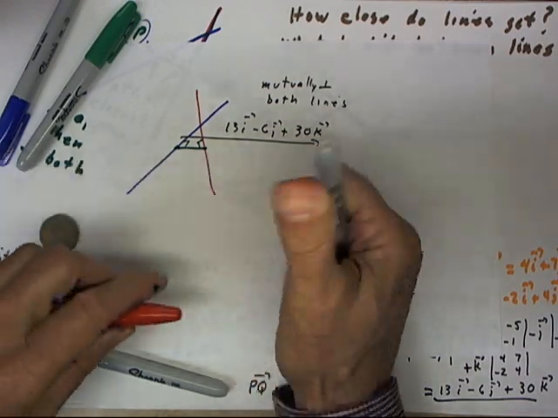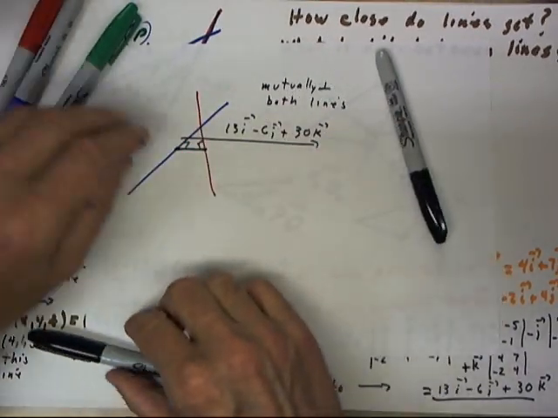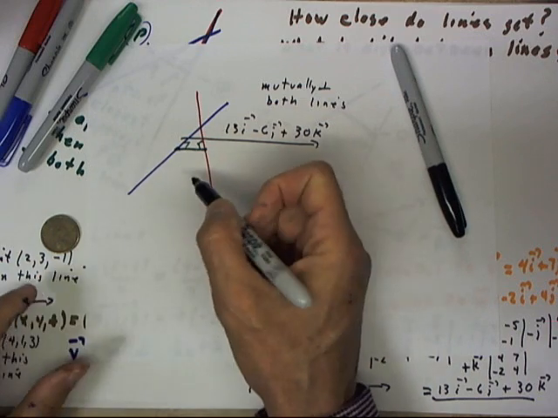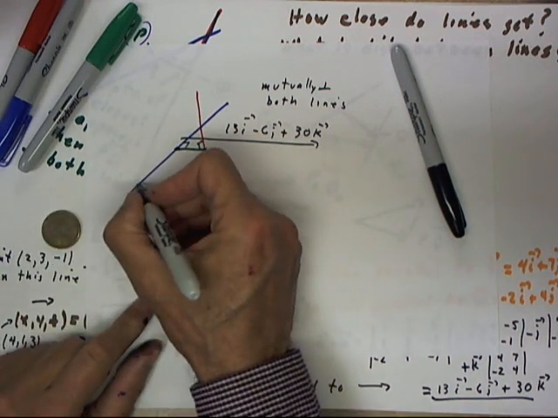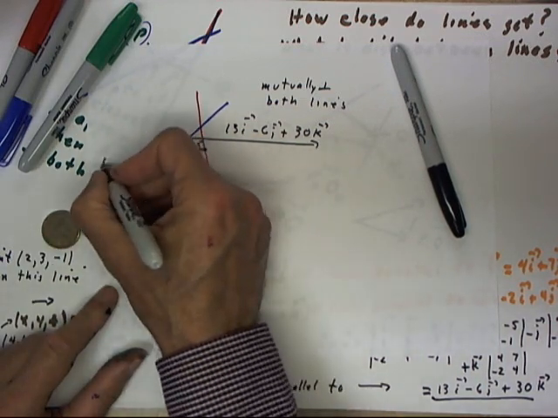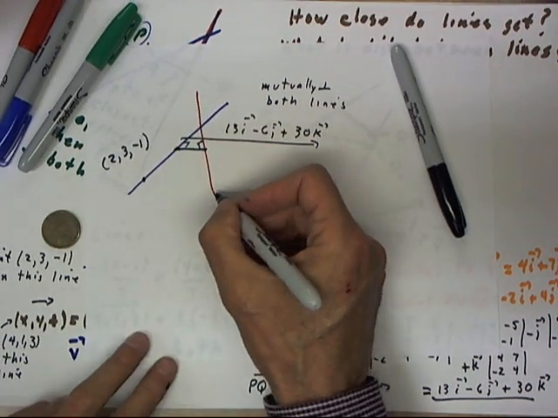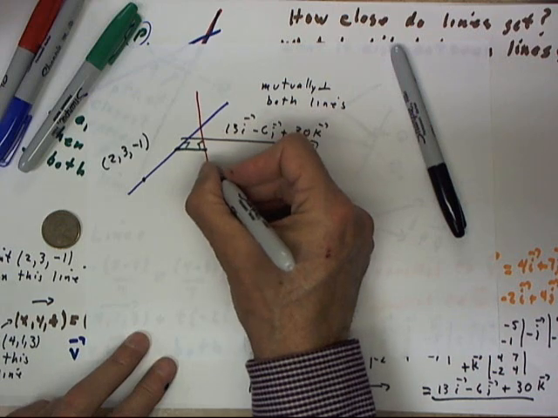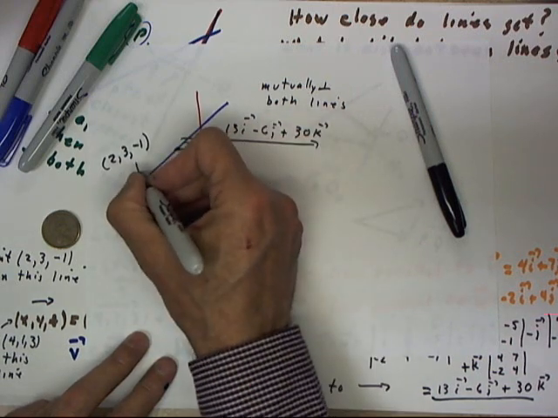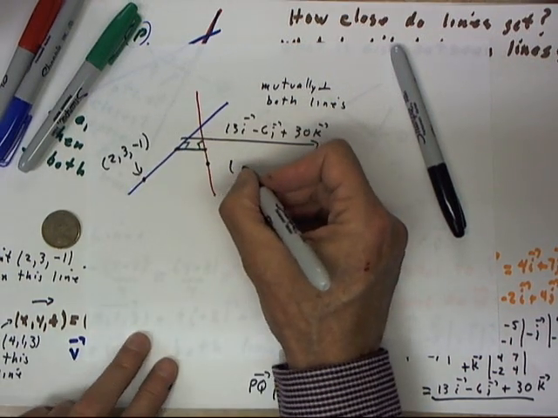Now, we have 2 points that we've just calculated. 2, 3, negative 1 on the blue line, and 4, 1, 3 on the red line. Again, not drawing these to scale.